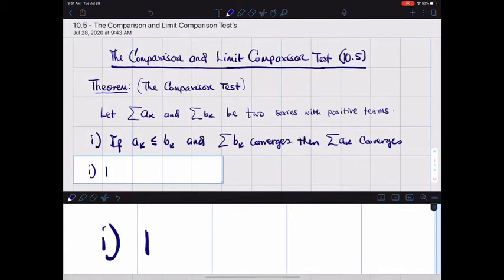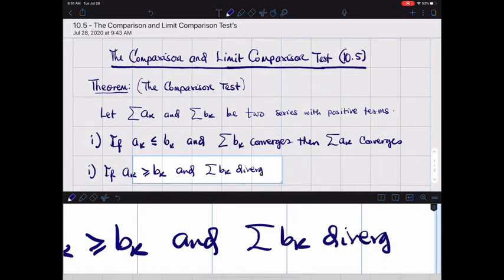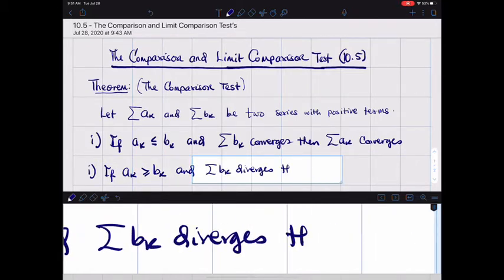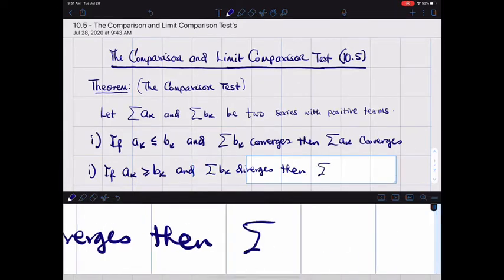It also tells us that if a_k is greater than or equal to b_k and b_k diverges, then a_k diverges.